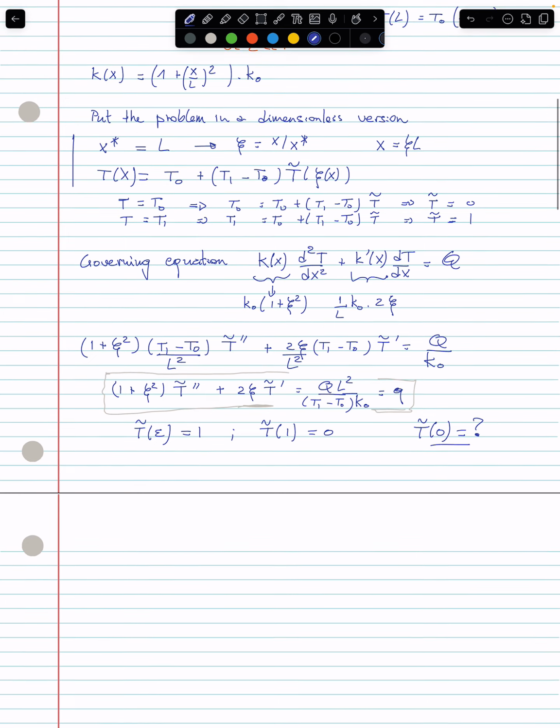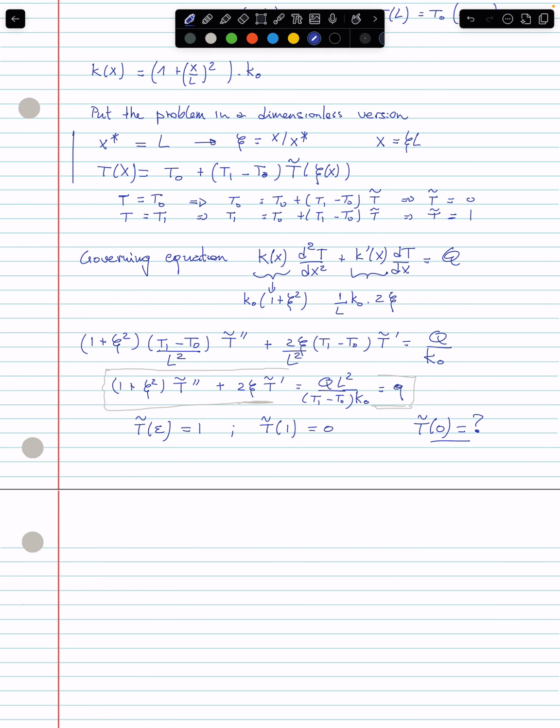So we see that the dimensionless temperature as a function of xi is something that is running from epsilon to 1. It is equal to 0 over here.